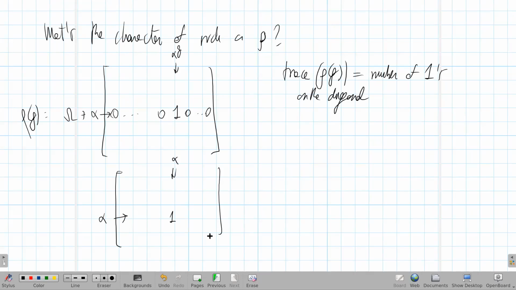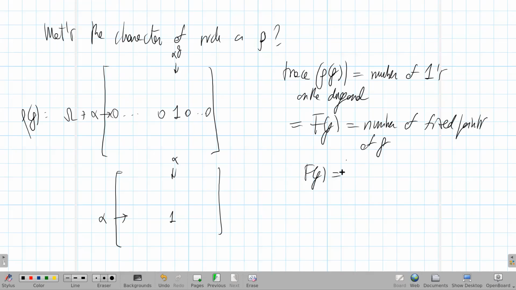So it is equal to Fg, which is the number of fixed points of G. So Fg is the number of alpha in omega such that alpha G equals alpha, okay? Because you have a one on the main diagonal when, in the row alpha, the one is also in the column alpha. So alpha alpha, main diagonal, okay?